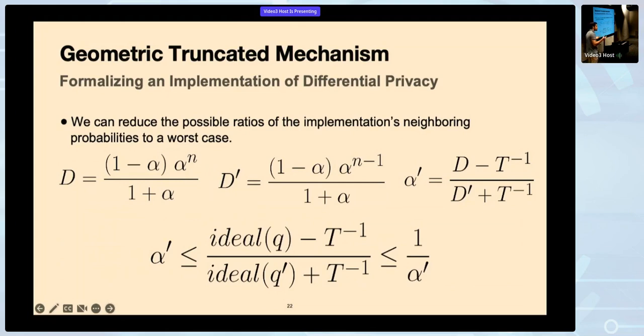The worst possible ratio we could have is if the implementation's probability in the numerator was the ideal distribution minus one step of the uniform distribution, and in the denominator it was the ideal distribution plus one step. So now all we have to do is find the neighboring probabilities of our ideal distribution that give us the smallest alpha prime, and it turns out that these are D and D prime here.